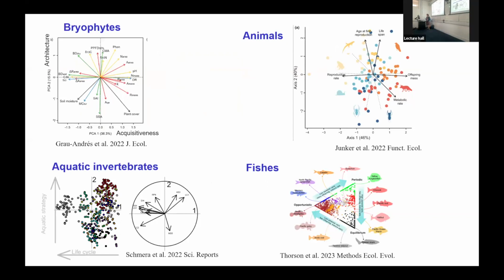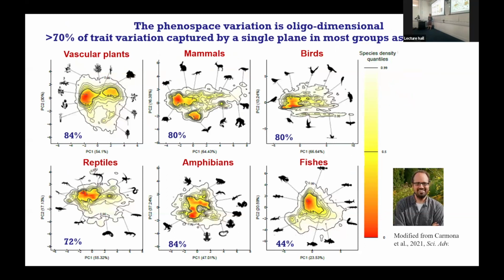And there is, of course, some synthesis work. This is coming, for example, from the great synthesis work on the basis of already published data sets by Carlos Carmona and Rob Salguero here, and other colleagues. Remarkably, they showed that groups other than plants also have phenospaces which are oligodimensional.